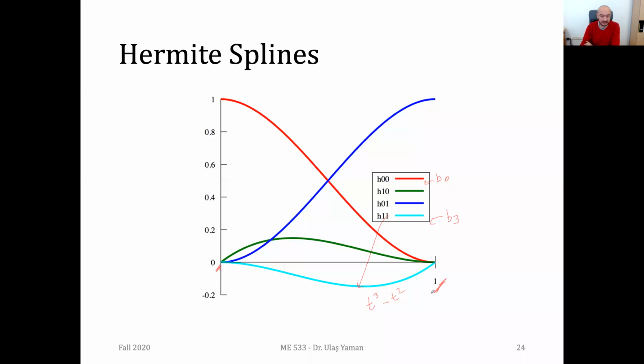For different types of splines, we will have various basis functions. If it's a Bezier spline, then we will have 4 different basis functions, but the fundamental idea is the same. Once you have these blending functions, simply multiplying them will give you the resulting spline.